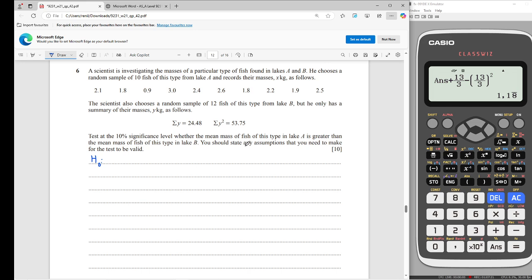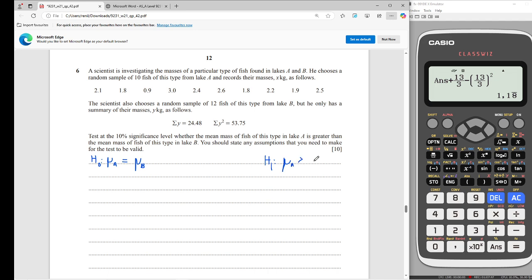In this case it states that the mean mass of A is greater than the mean mass of B. So mean A equals mean B. That's the null hypothesis and that forever will be. Our alternative hypothesis will combat that and it will be what's written over here. So mean A is going to be greater than mean B.